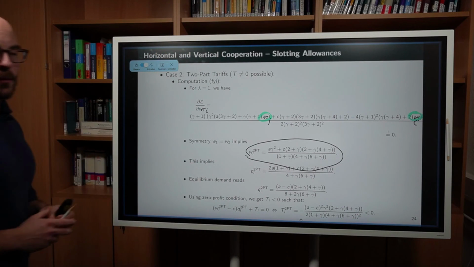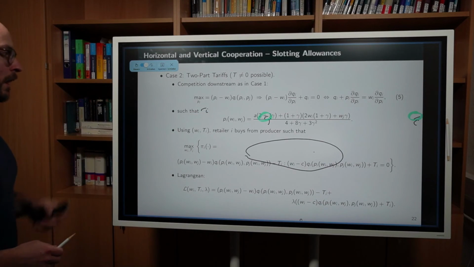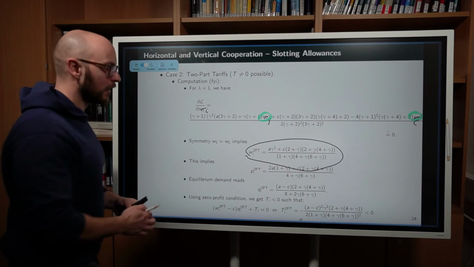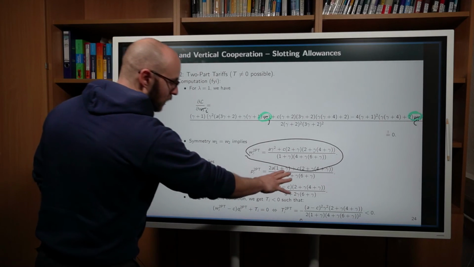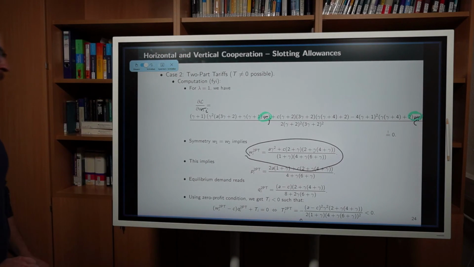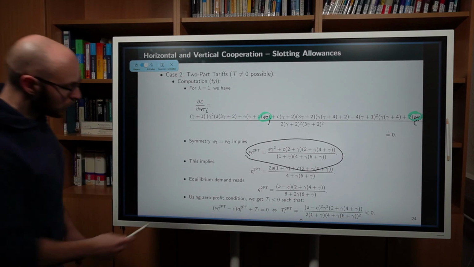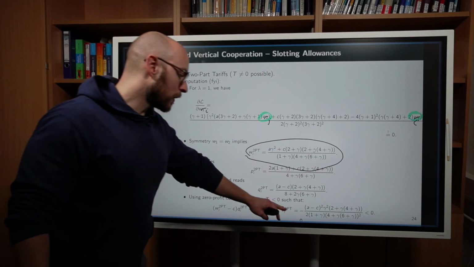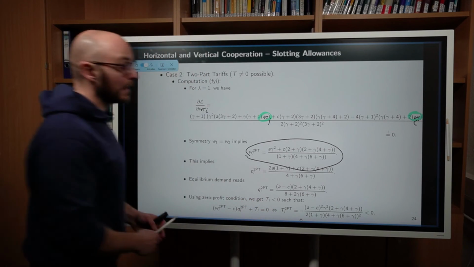If you have the equilibrium wholesale price, then according to this function, we can determine our equilibrium retail price, which is this one. If we have the retail price, we can substitute the retail prices into our demand functions. Then we get these as our demand functions. And then from the zero profit conditions upstream, noting that we have the quantity and the wholesale price, we can determine our two-part tariff, and we see here as well that the two-part tariff is negative.